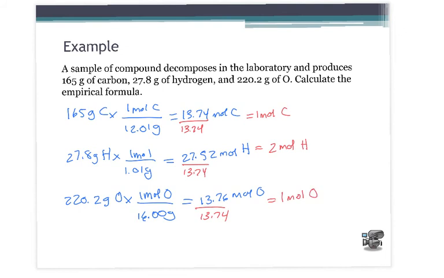So now we figured that the carbon to hydrogen to oxygen ratio is 1 to 2 to 1. So our chemical formula becomes carbon, hydrogen with a subscript of 2, and an oxygen. So this is our empirical formula.